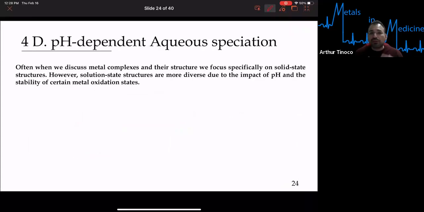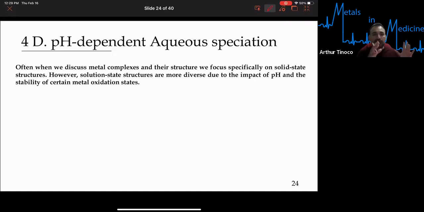All right, so now that we have some of these factors under our belt in terms of what's contributing to the formation of metal complexes, let's now look at this idea of speciation, and particularly how pH can play a role in having an impact on speciation. Oftentimes when we're looking at metal ligand complexes, we focus on them in a static format, like in a solid state format.